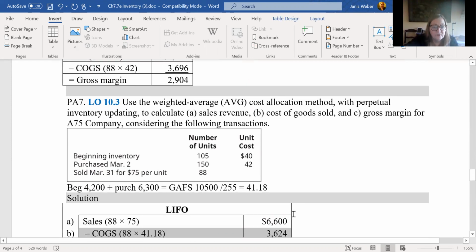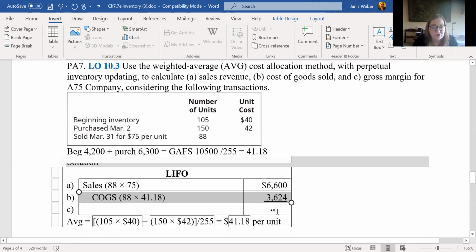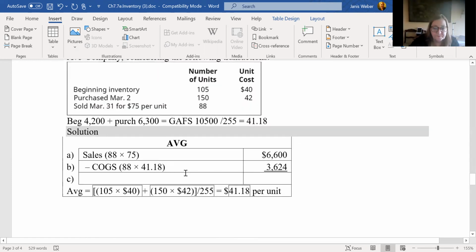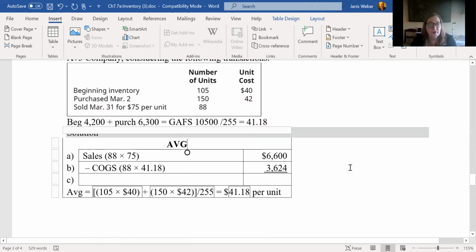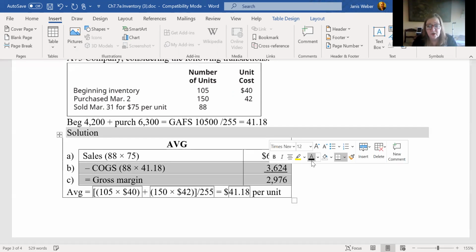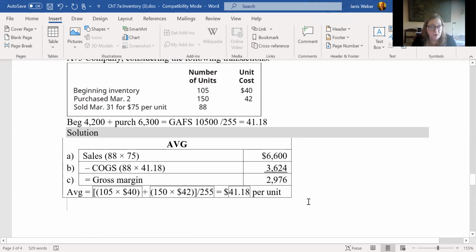That one, LIFO. This one, average. And for some reason, it says LIFO right there. It's just wrong. Okay, so when the cost of goods sold is 3,624, that means the gross profit is sales minus cost of goods sold. So you come to a gross profit, or gross margin, of 2,976.